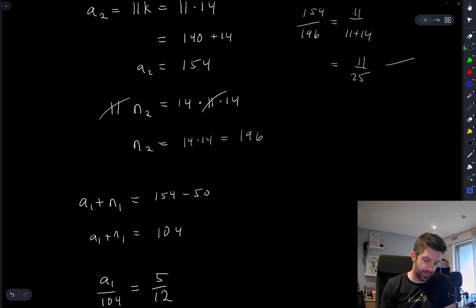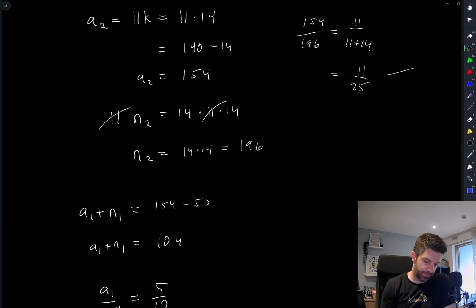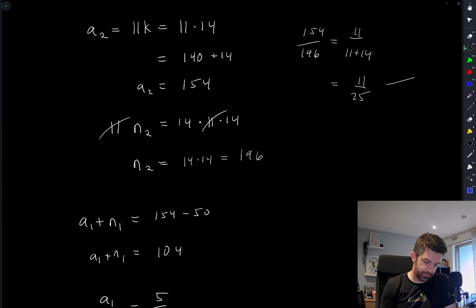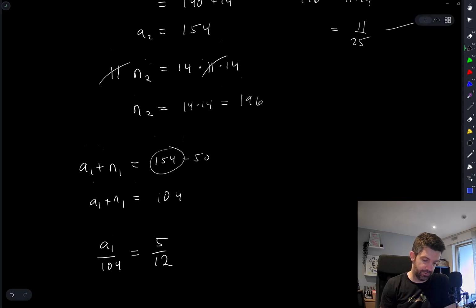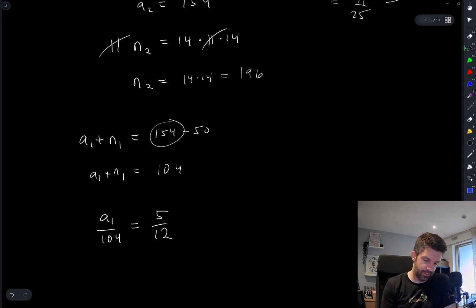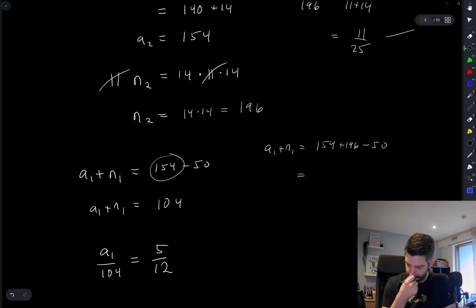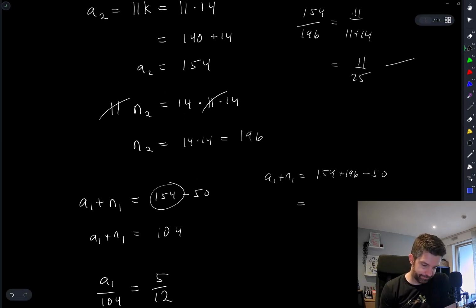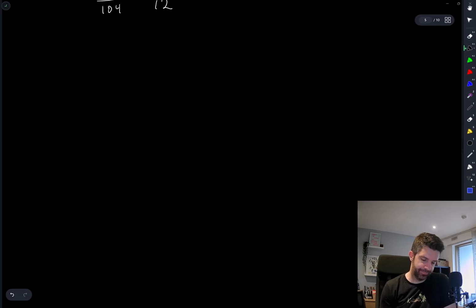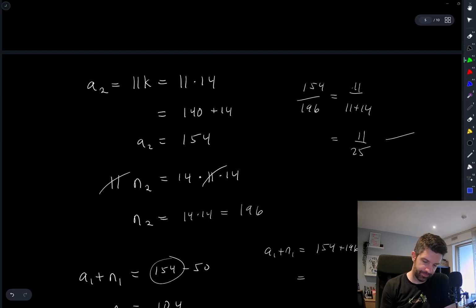And then down here, I also did this wrong. This is supposed to be A2 plus N2. Okay, so A1 plus N1 is equal to 154 plus 196 minus 50, which is, I mean, this is the answer, 154.